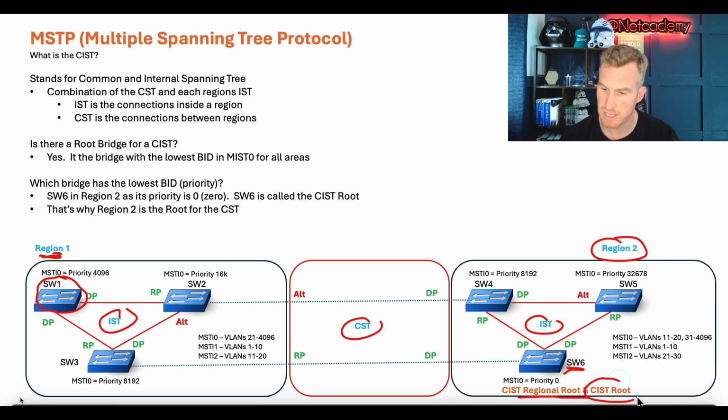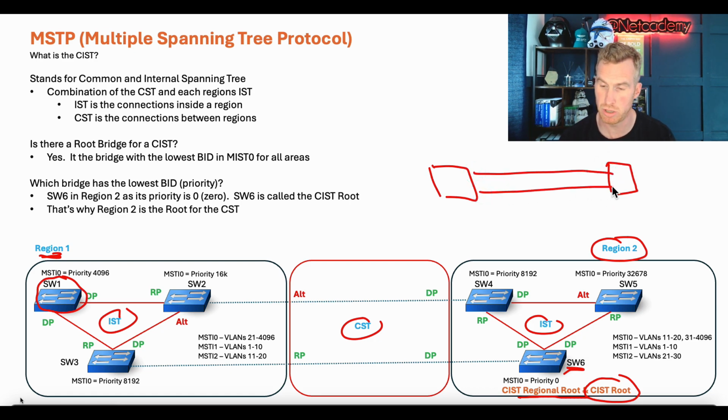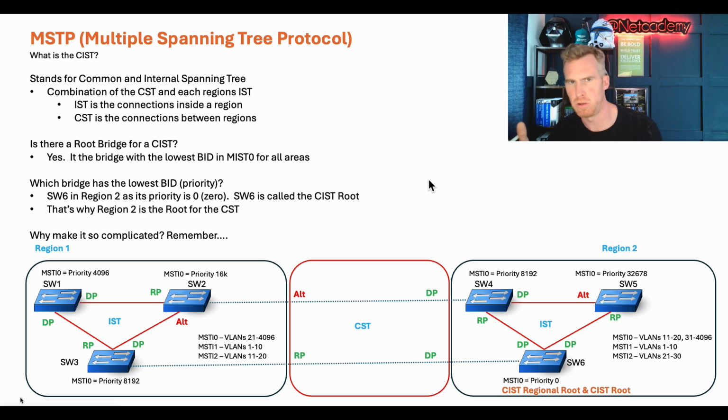But the CIST is that multi-region root bridge, because, again coming back to it, region 1 and region 2 are recognized as two different regions, as two different virtual logical switches. We've got region 1 and region 2. And because in here there's SW6 with that lowest priority, this then becomes that root bridge, or as it's officially called, the CIST root.